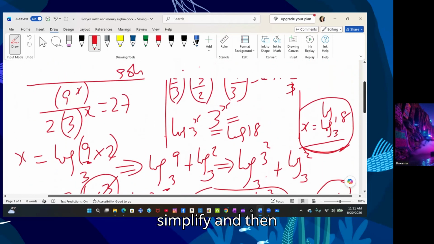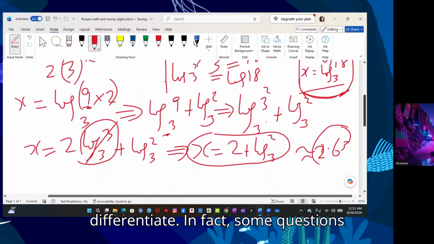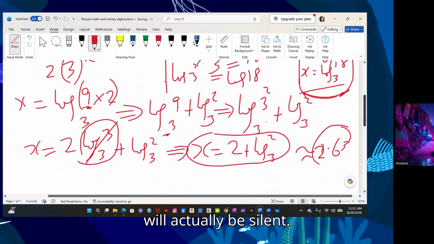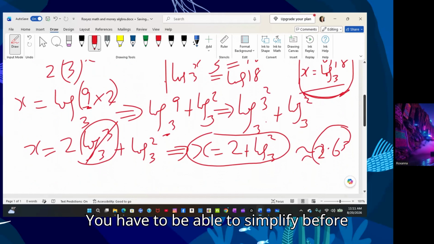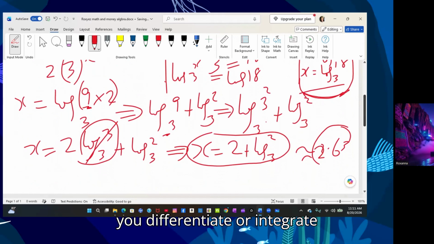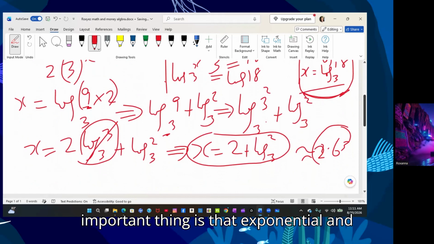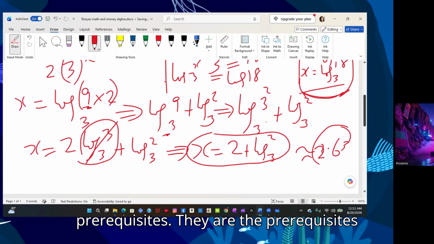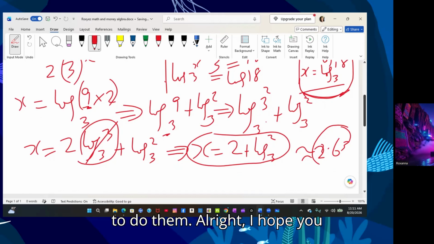Suppose you're told to simplify and then differentiate. In fact, some questions will actually be silent. You have to be able to simplify before you differentiate or integrate when you get to your higher class. So the important thing is that exponential and logarithmic equations are the prerequisites to your next class, so you must know how to do them.